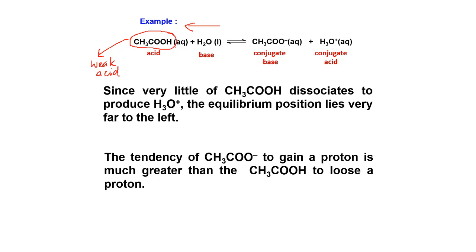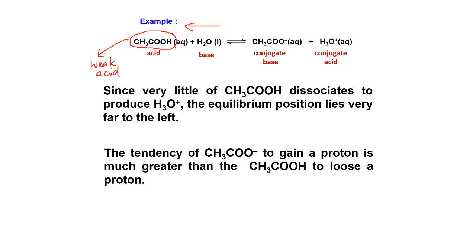Alright? Okay. So, the tendency, keupayaan of acetate ion to gain a proton is much greater than the acetic acid to lose a proton. Oleh kerana yang dissociate jadi conjugate base dan juga conjugate acid ini sangat sedikit.